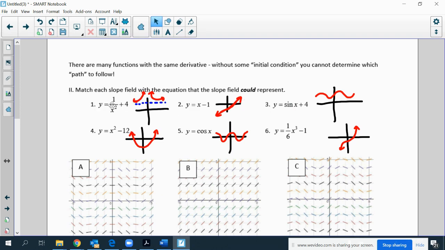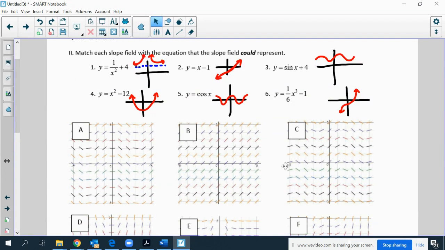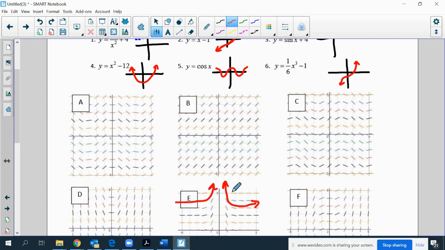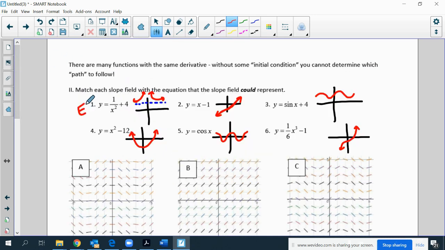So I know that the graph of 1 looks something like this. So what I need to do is find some sort of slope field where this would make sense. And that certainly looks like E, right? Because if I have this function, I could definitely mimic that on E. B looks like it would be able to mimic number 2, this line with slope of 1.